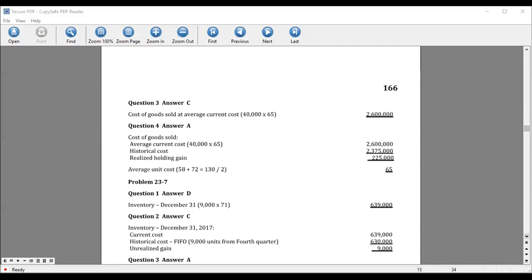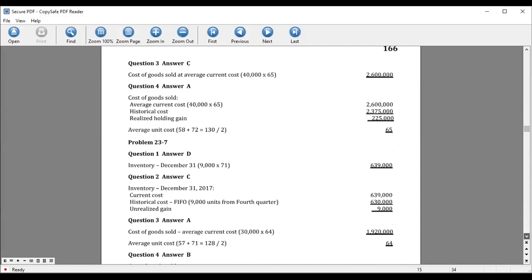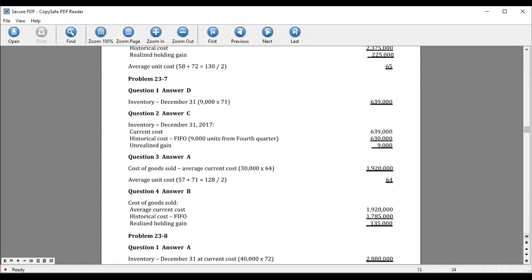Okay, in question number 3, in the income statement stated at current cost, what is the cost of goods sold for the current year? So we have the cost of goods sold for the current year, 30,000 units sold. Then we multiply it by 64.